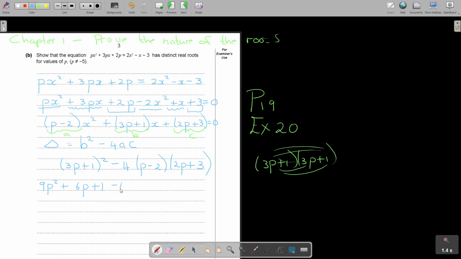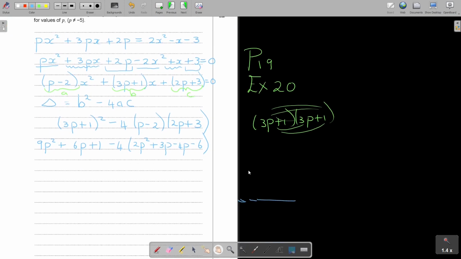Okay, and this I prefer first writing the 4 and then multiplying out. So this will be 2p squared. This will be 3p. Okay. This will be negative 4p. And this will be negative 6. Okay. And then, let's just move this up a little bit.